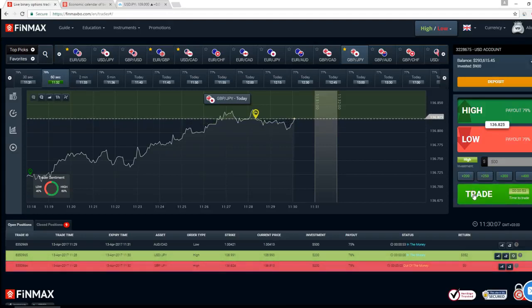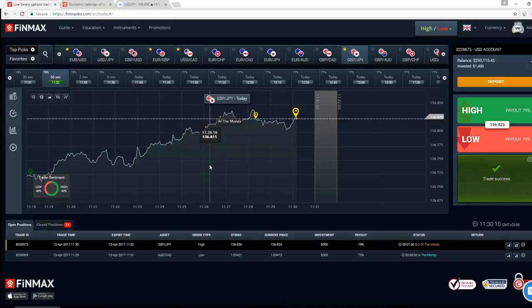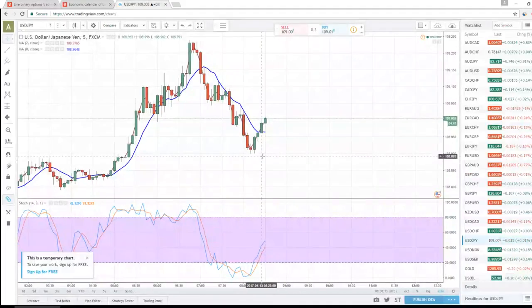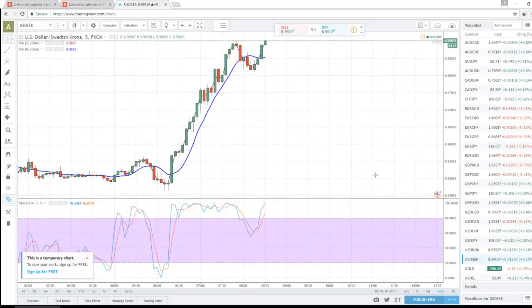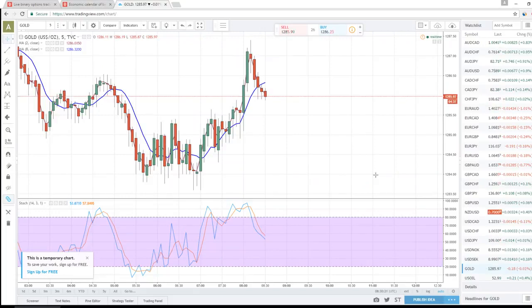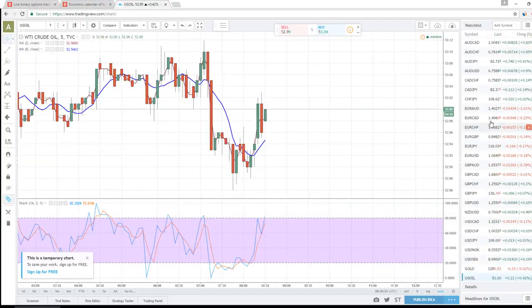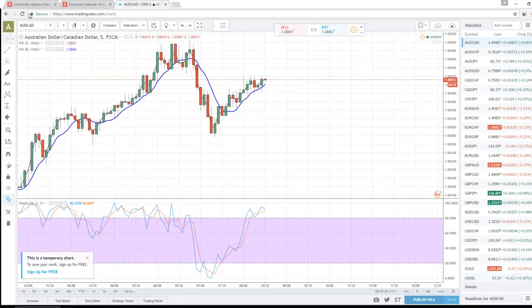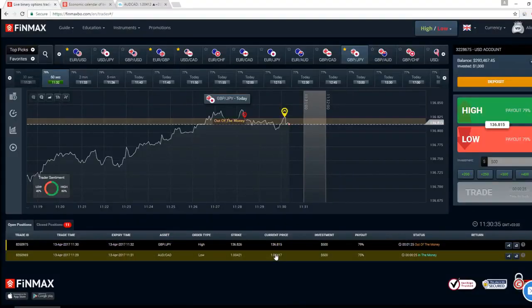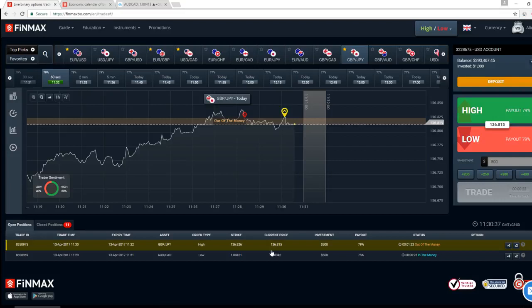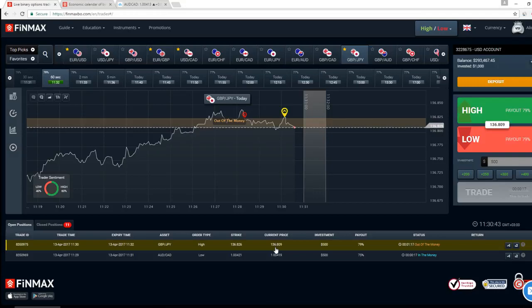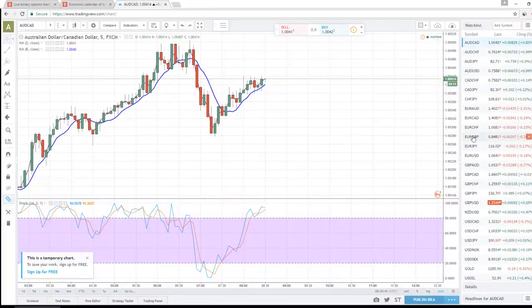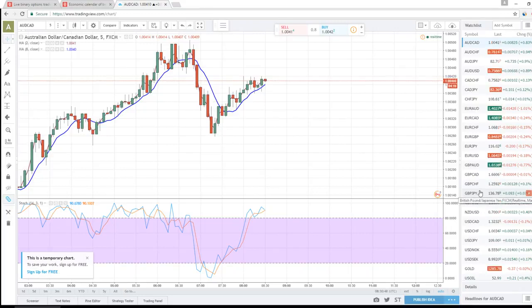Okay, also enter for the next circle. Let's open the chart for British pound to Japanese yen.